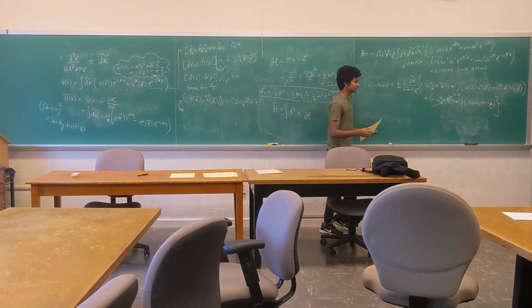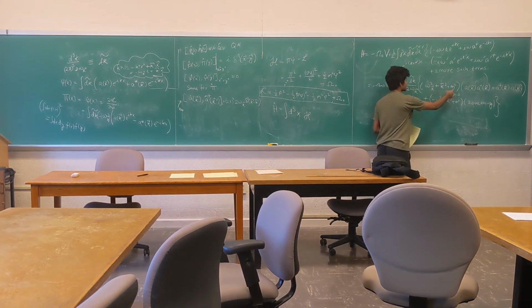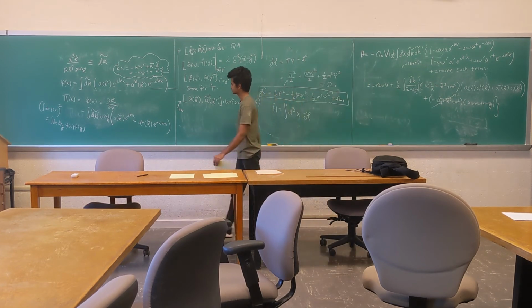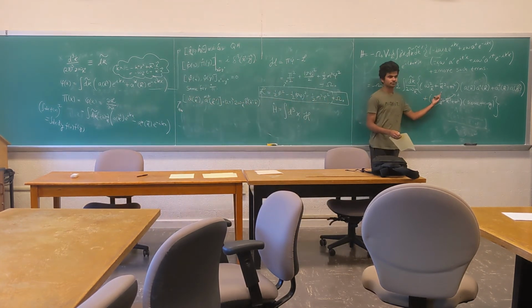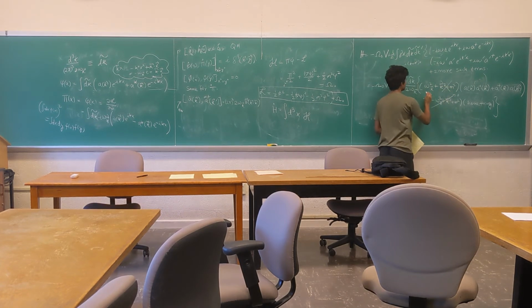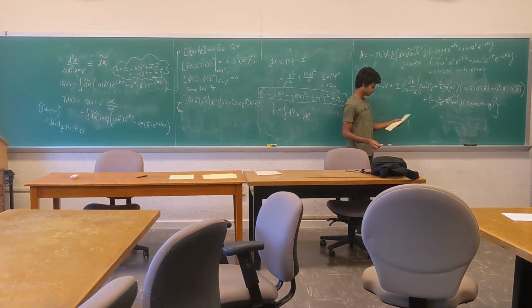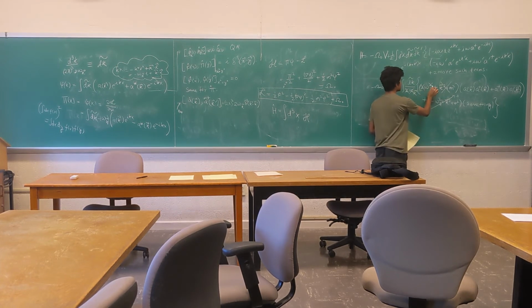So omega k squared is again k squared plus m squared. That's how we defined it. So I can just put this out and have a 2 here, and I can get rid of this 2, and this guy and this 2.